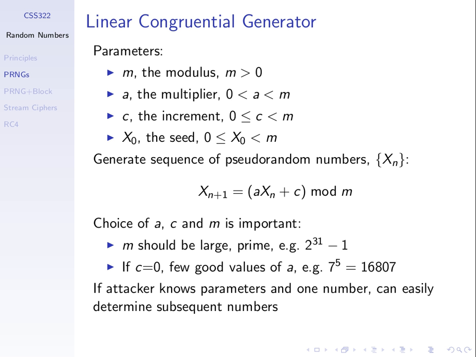generator, x_{n+1} equals our multiplier a times x_n, the previous value in the sequence, plus some increment c, mod m. If we take the value of the multiplier to be 7, ignore the increment, c equals 0, so that we don't add something on, and mod 32. If we choose our initial value, our seed, x_0, as 1, then we get the sequence 7, 17, 23, 1.